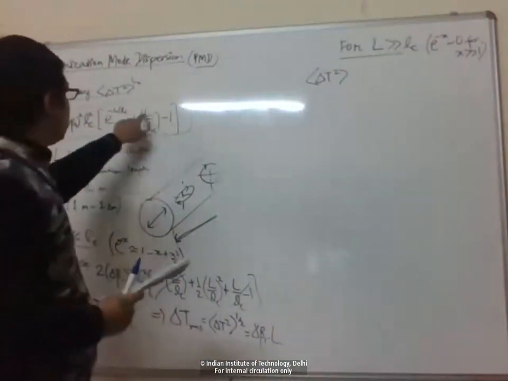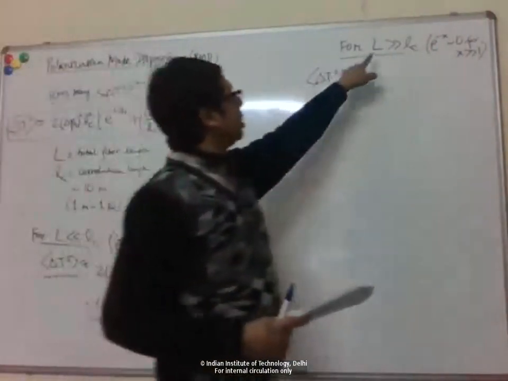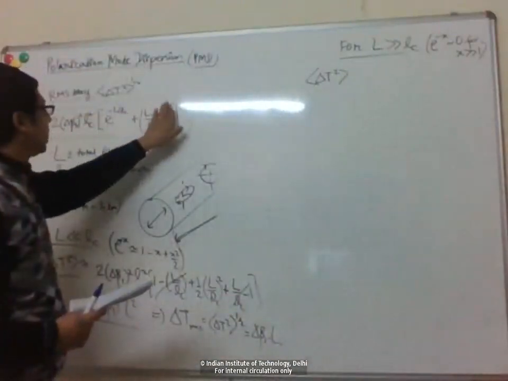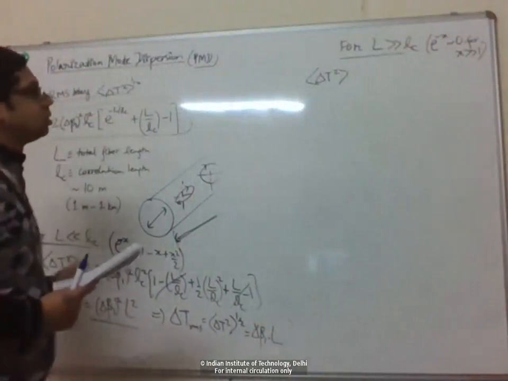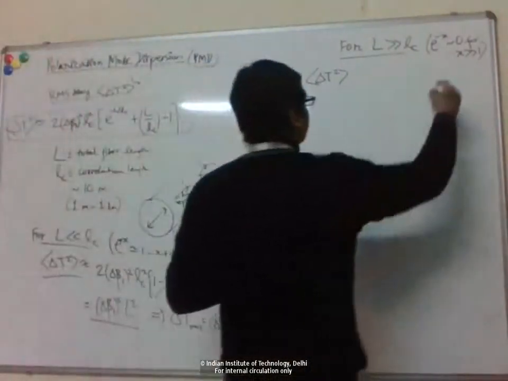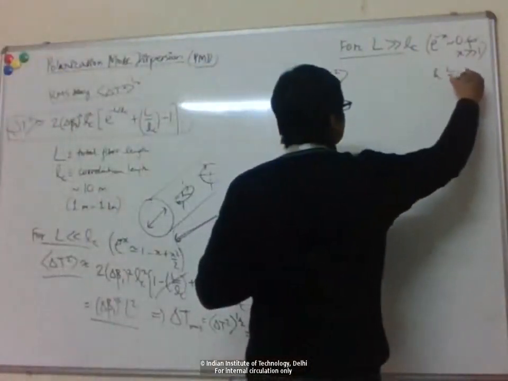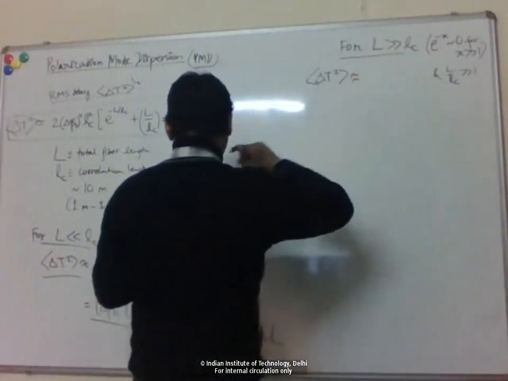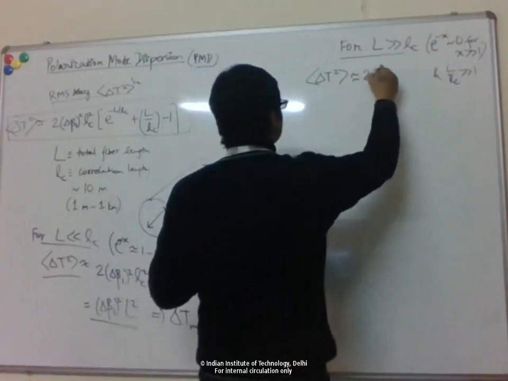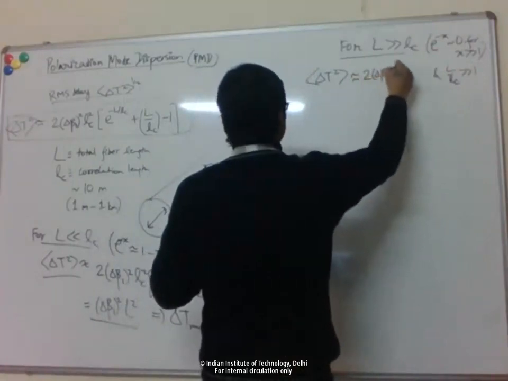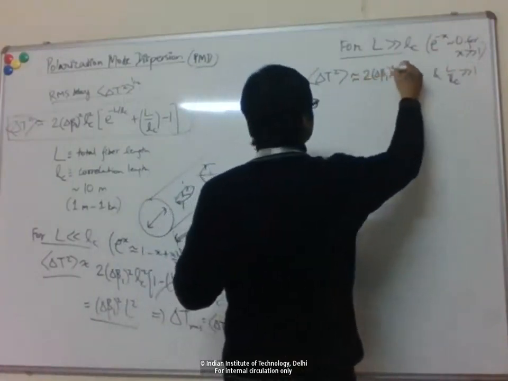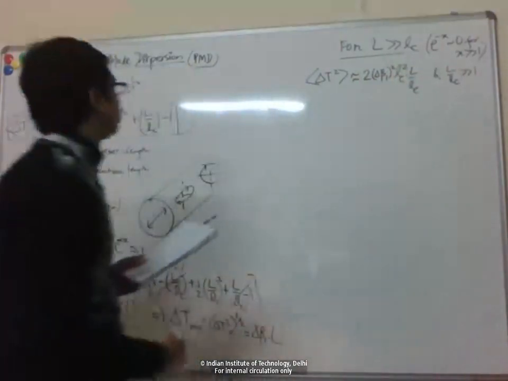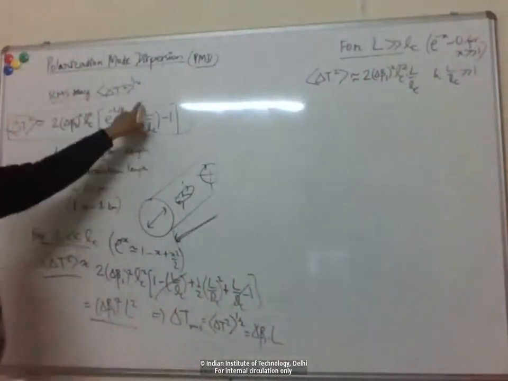And then we have these terms, and now again we've already assumed this capital L to be much bigger than LC, so L over LC will be much bigger than 1. So we can neglect the 1 also. Right? So we get, right, so just this term remains.